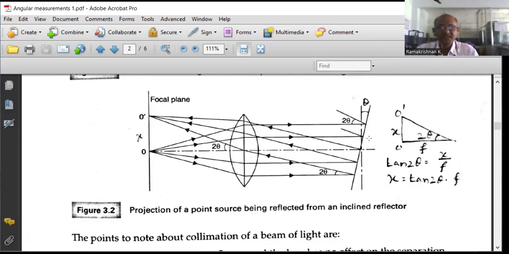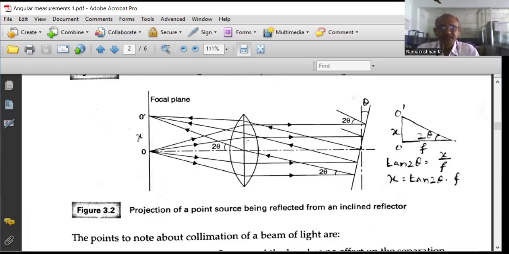Previously, when the reflector was exactly at 90 degrees, the reflected rays crossed the same point O. But here the reflector is deflected through a small angle theta, and the rays are reflected through the angle 2 theta. Now the new destination is O dash. Let the distance between O and O dash be x.